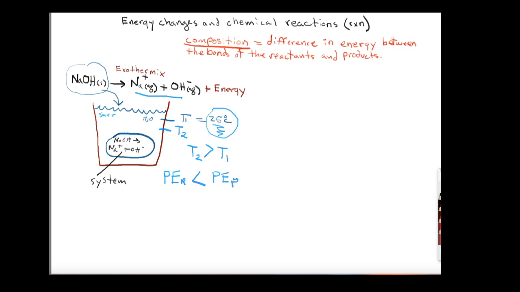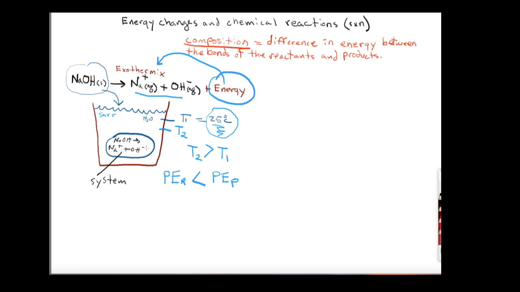And the products have less potential energy than the potential energy that we started out with in terms of the reactants. And so energy was given off, and that's where this component comes from. And that's why this is an exothermic reaction.